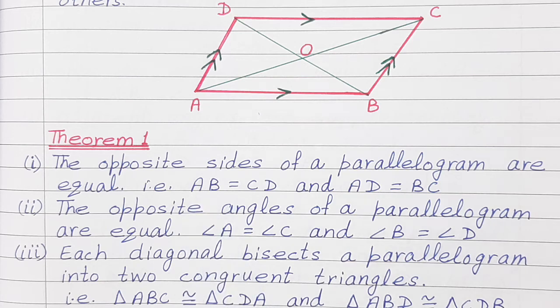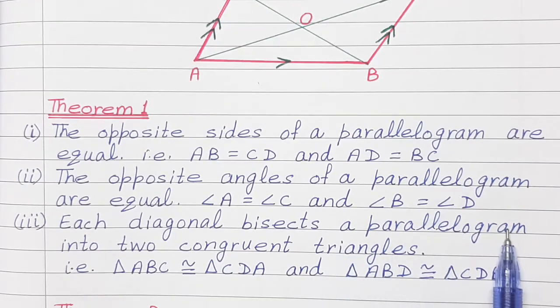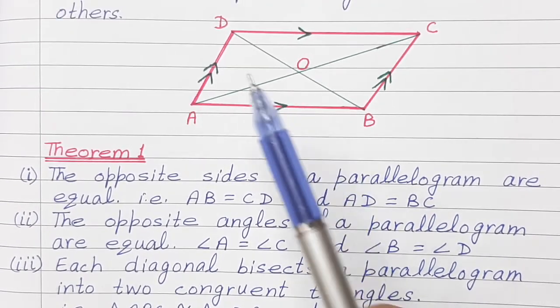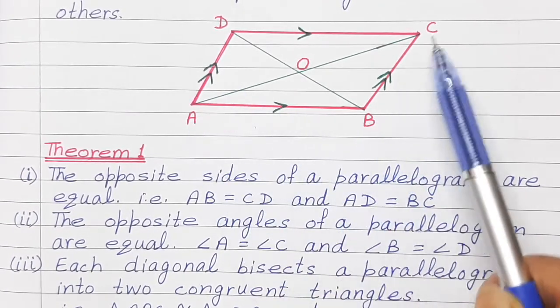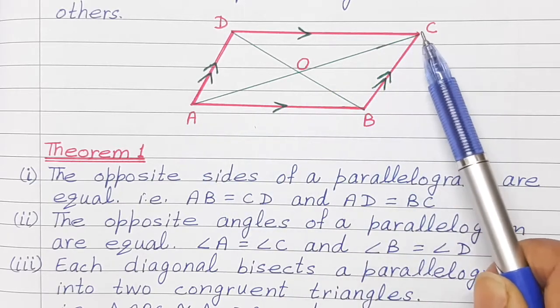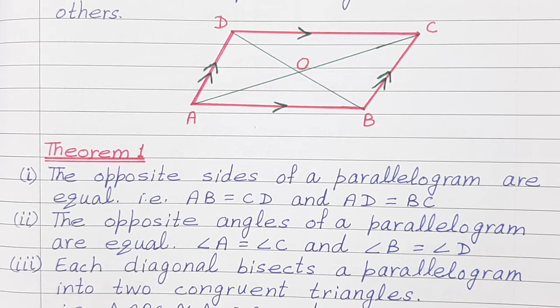Right? And the third one is each diagonal bisects a parallelogram into two congruent triangles. That is, triangle ABC is congruent to triangle CDA.